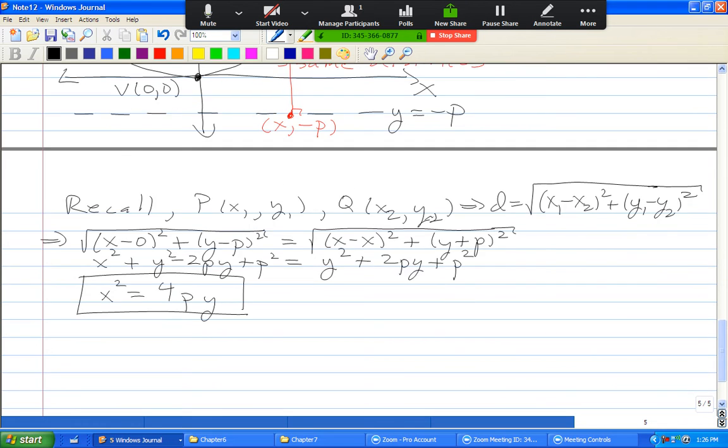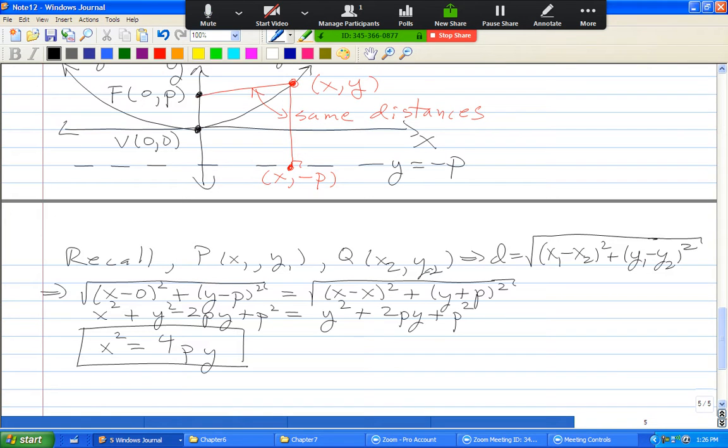Okay. Now, of course, this is where the focus is at 0, p. The directrix is y equals negative p, which of course also implies that the vertex is at the origin.